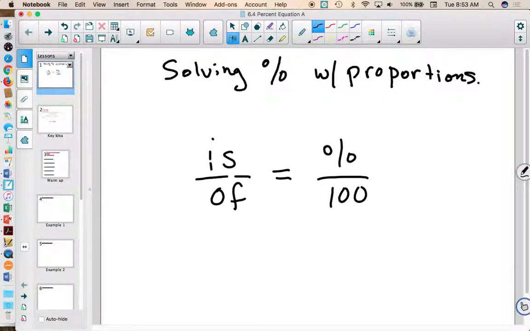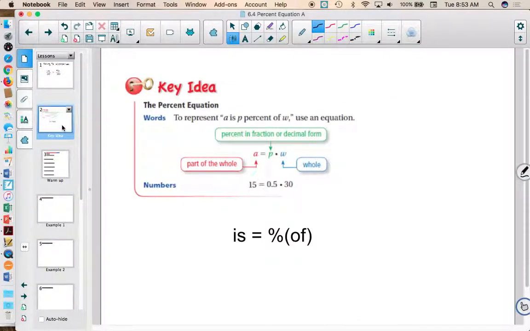And when we read the story problem, we could fill in the pieces and put the variable in where we had a missing piece. Well, with the equation, it's no different, only it's the way you lay it out. The percent equation is: is equals percent times of. That's your verbiage.